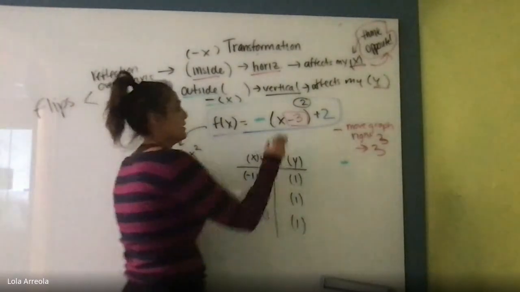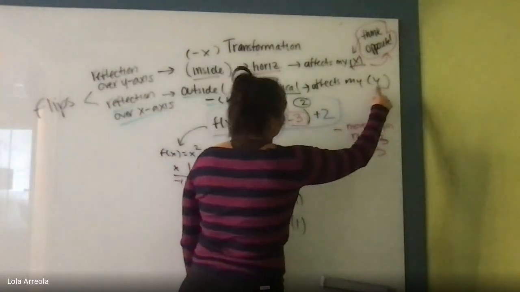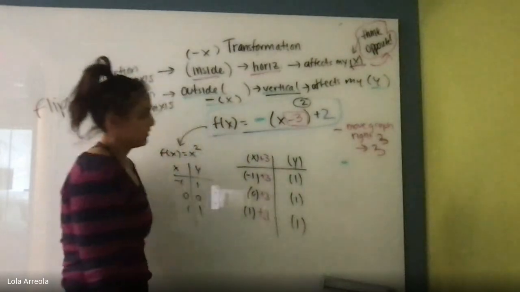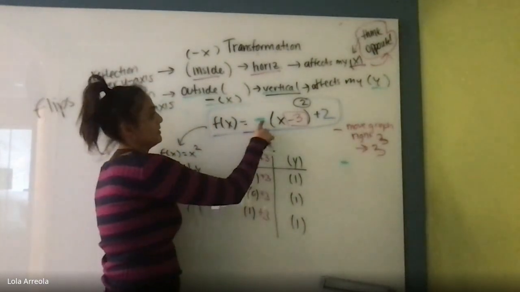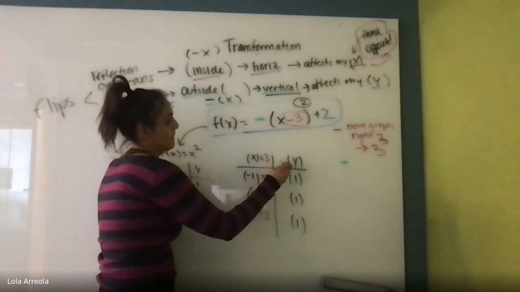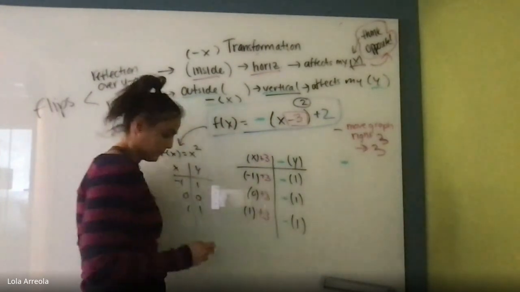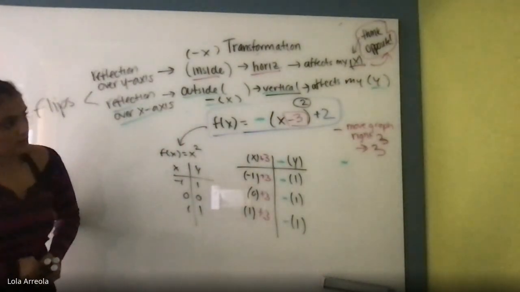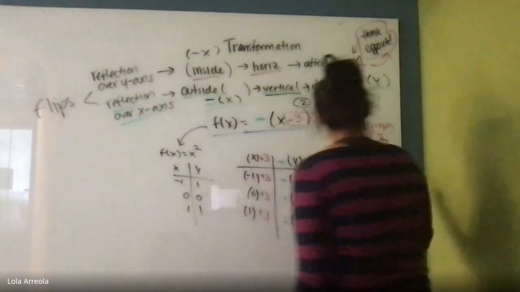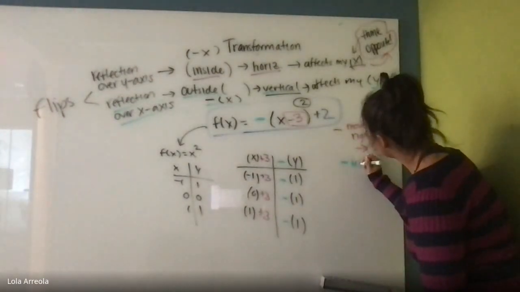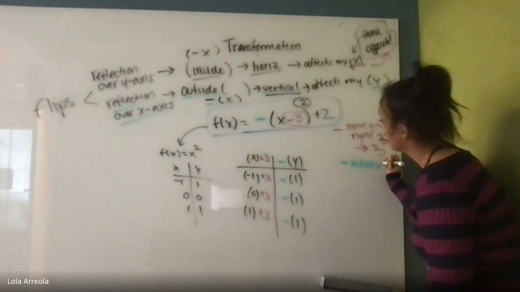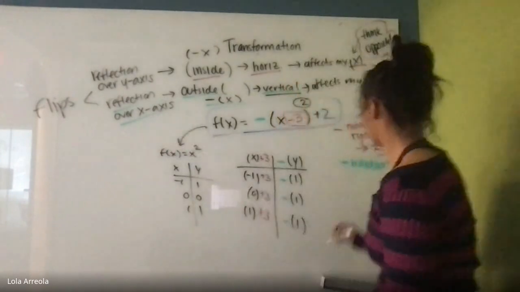So what does that mean? It's vertical, so it's going to affect my y. So just like I see a negative times, I'm going to multiply all my y by a negative. So this is going to cause reflection over what? Over x-axis.